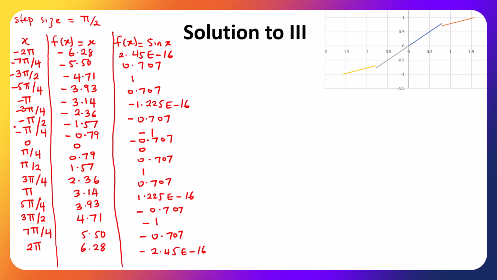So I'm going to circle this section, minus pi over 4 to pi over 4. So I'm going to circle this interval.